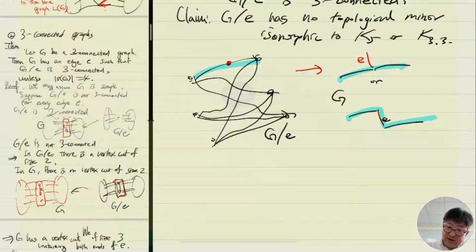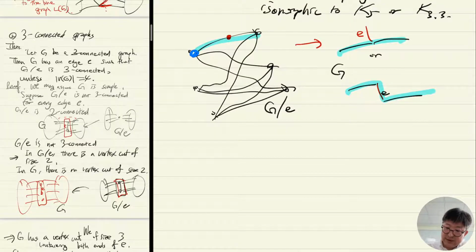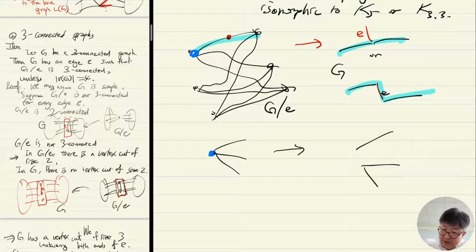What if you have a vertex, this, as a contracted vertex? Now, in this case, you have three edges. Now, after uncontractions, maybe you have this, or you have that, right?